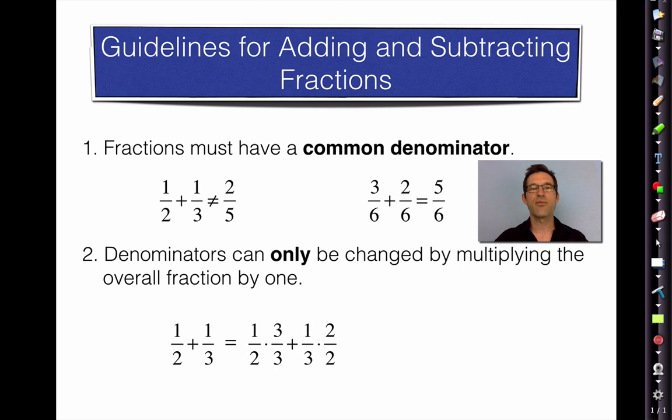Well, I take 1/2 and I multiply by 3 divided by 3, right? That's the number 1. Then I take 1/3 and I multiply it by 2 divided by 2, because that's also the number 1. And because I know how to multiply fractions, I can then change that first fraction into 3/6, change the second fraction into 2/6, and now I can add them because they have a common denominator, right?